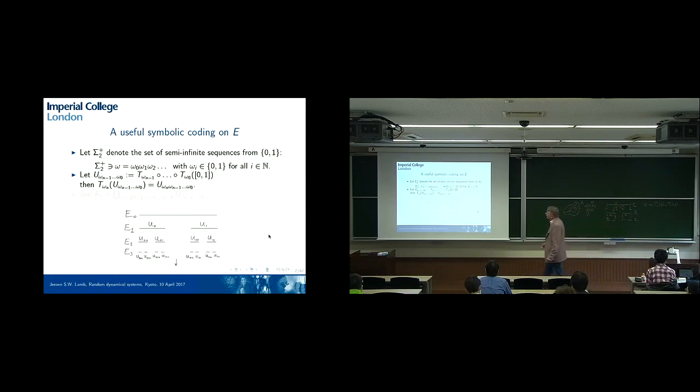Then I have an image T_0, T_01. U_10 is right. This U_10 goes the other way around, etc.